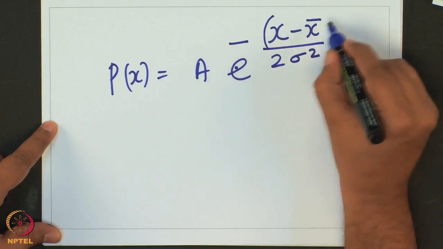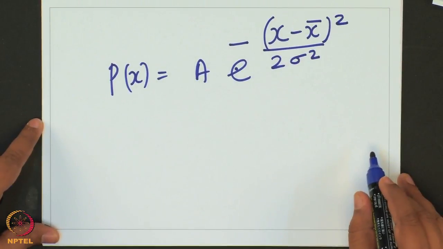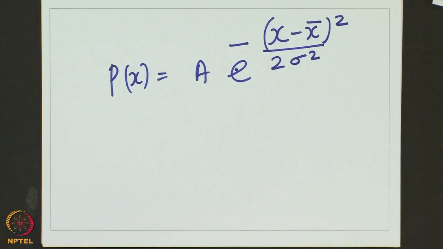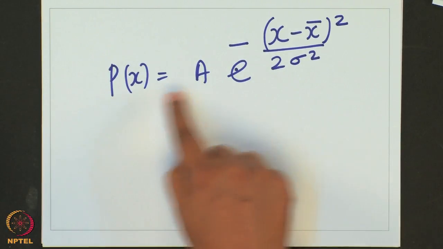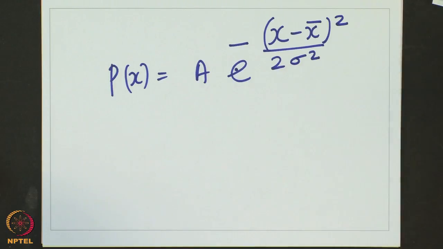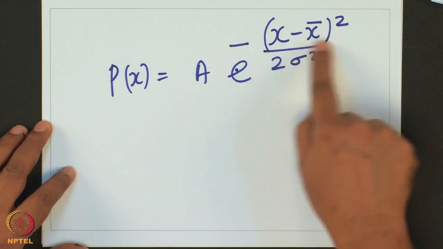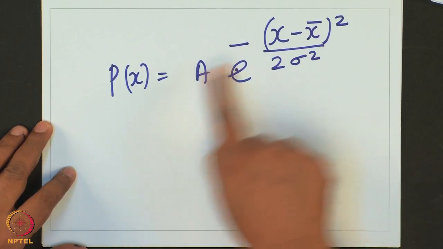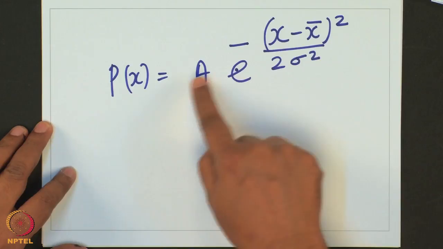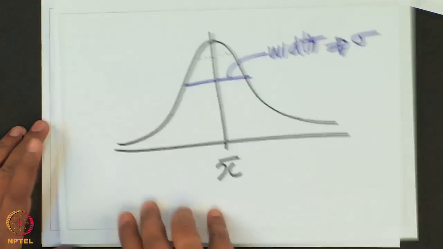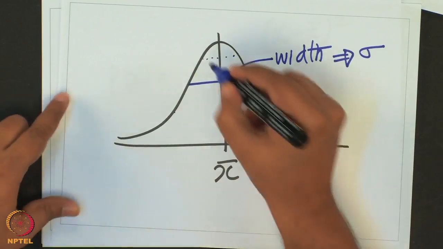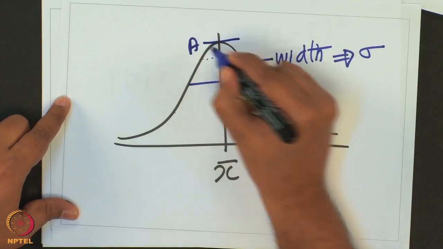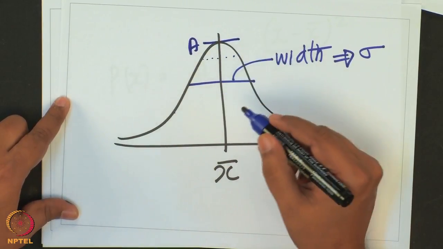This is my normal distribution function. Now, when x equals x bar, the exponent is 0, e power 0 is 1, and P of x will be a. So when x equals x bar, this is my a.